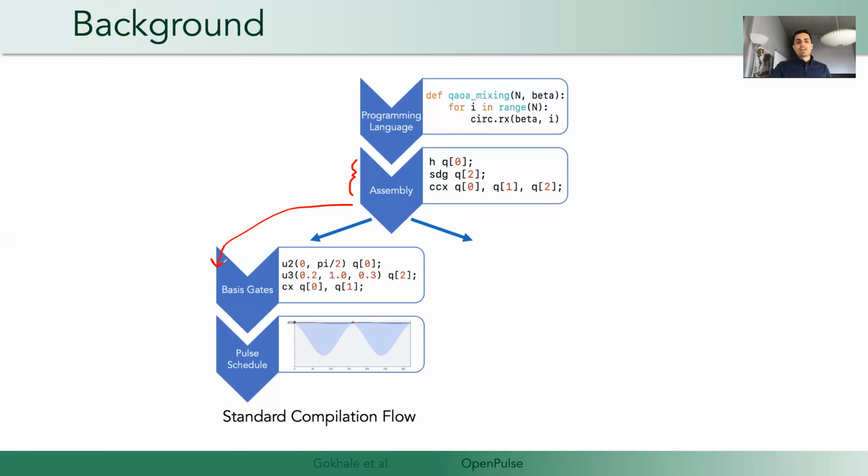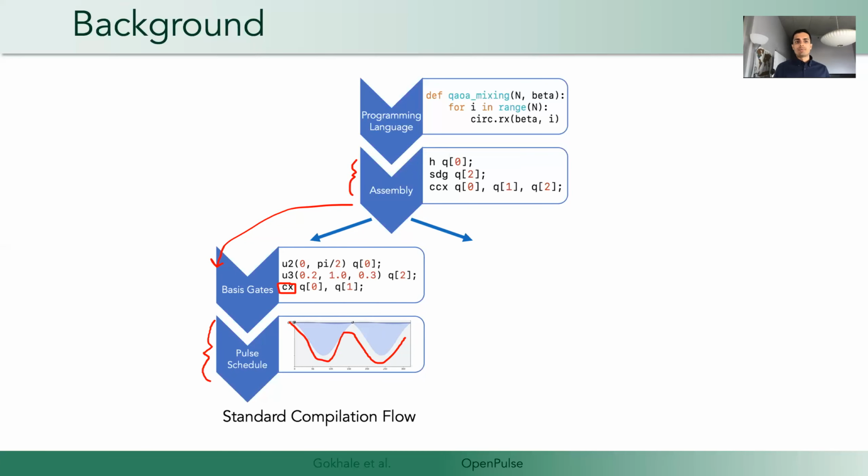And even this is not the ultimate lowest level of control on a quantum computer. There's no button you could press that'll just execute a CNOT gate. Instead, you have to go down to the level of pulses, which are analog waveforms outputted by AWGs, or arbitrary waveform generators. The AWGs produce these pulses that the user can now specify thanks to OpenPulse. So that's the standard flow.